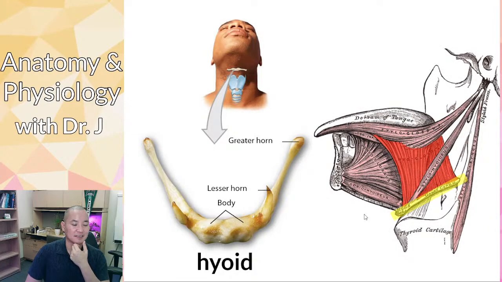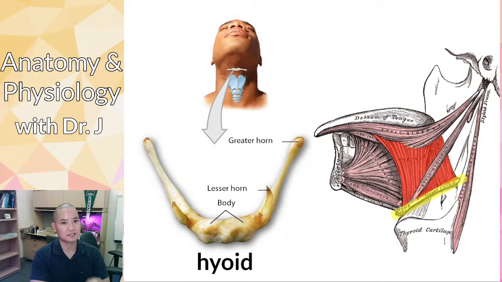Or not the larynx, but the hyoid. So the hyoid is above. If you have what we call the laryngeal prominence, or Adam's apple, a common name for that, just above that is where you would find the hyoid bone, superior to it, and this is where the horns would be pointing toward the posterior.